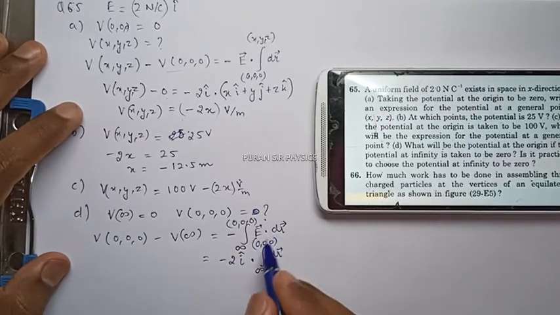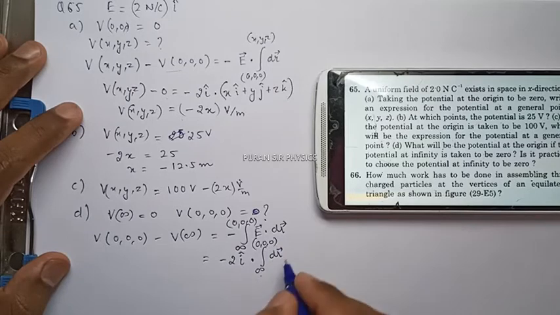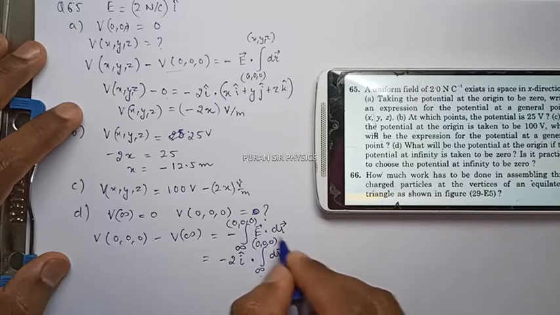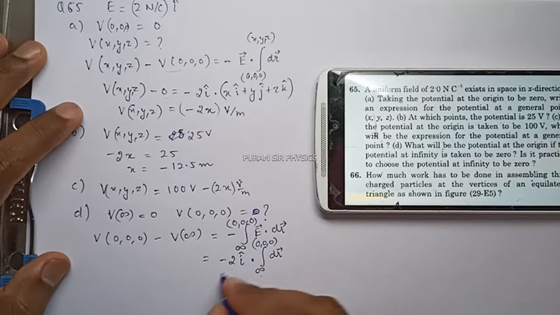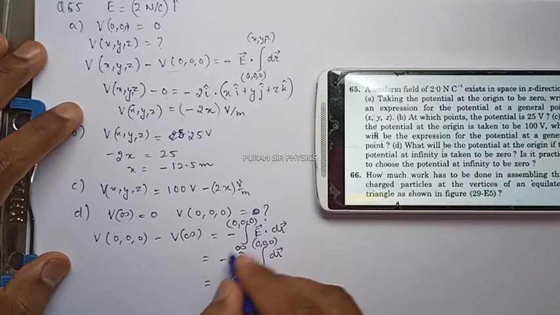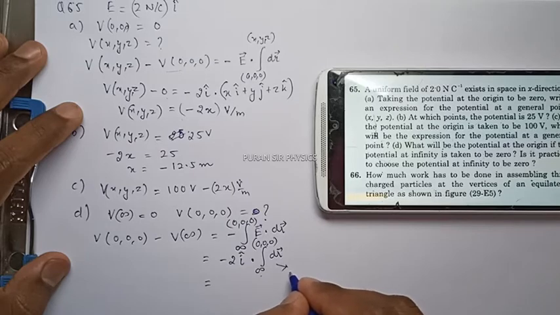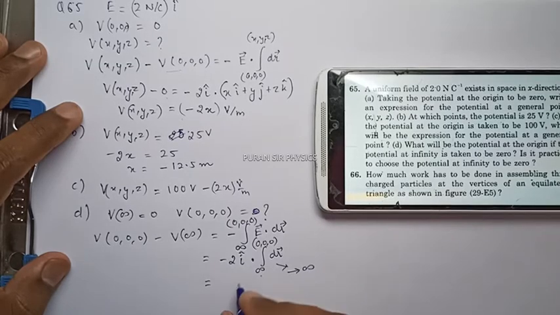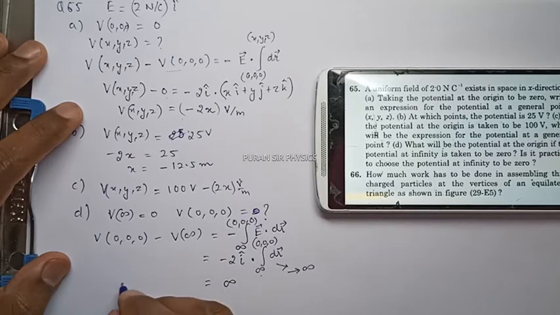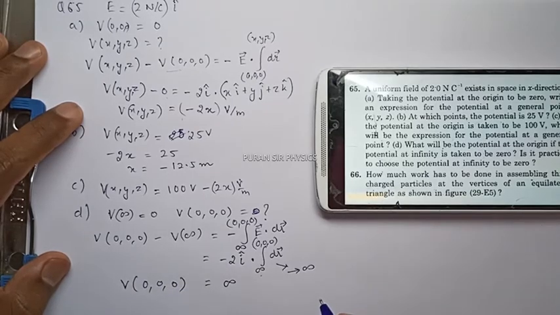So basically it is the length of the vector from infinity to 0, 0, 0. So the length of this will be infinite. So ultimately this quantity tends to infinity, so potential at origin will be infinite.